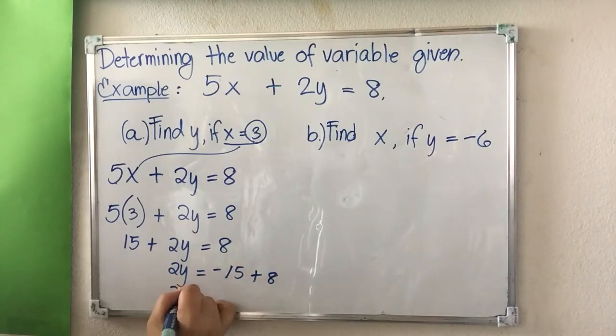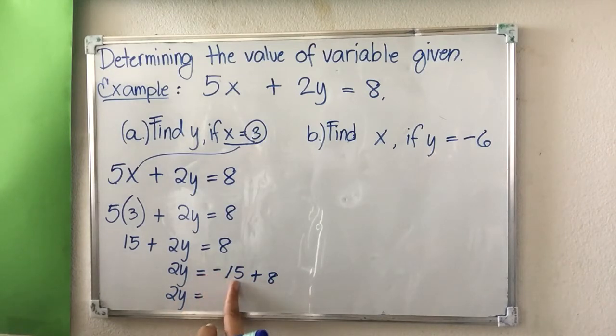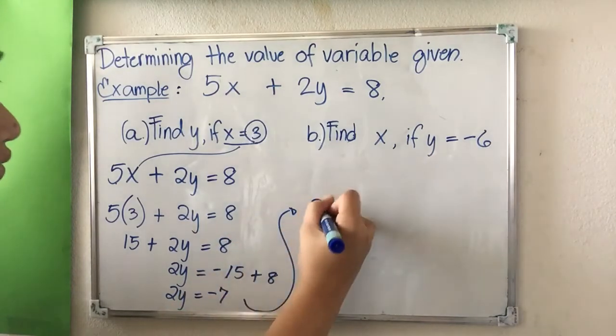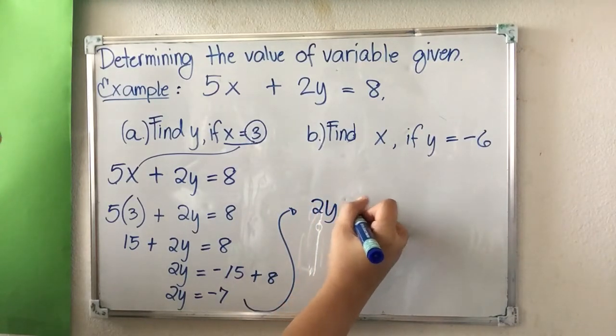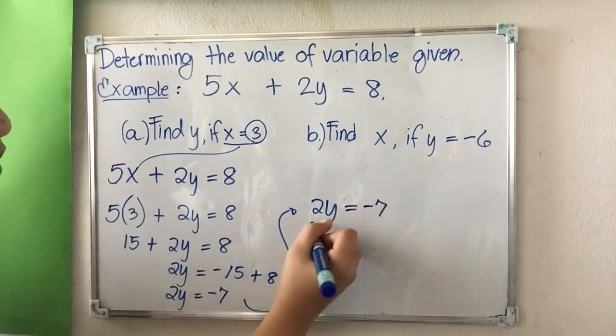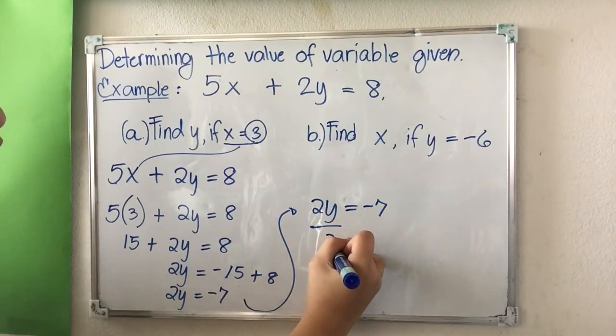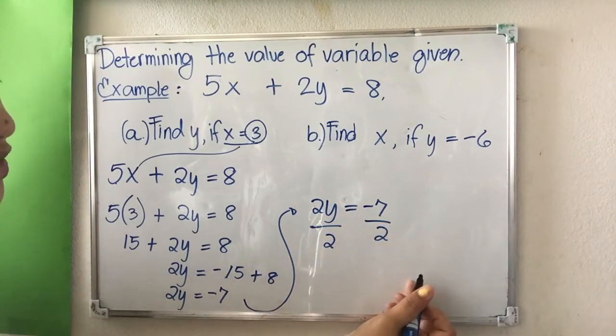Negative 15 plus 8 is equal to negative 7. Alright, so we have 2y is equal to negative 7. Now that is 2y, so we have to divide it by 2, divided by 2.